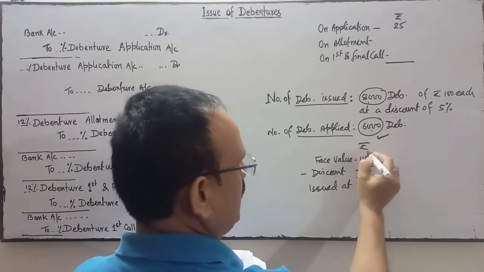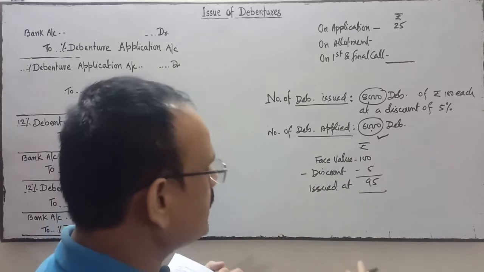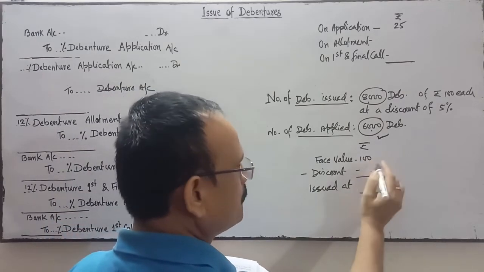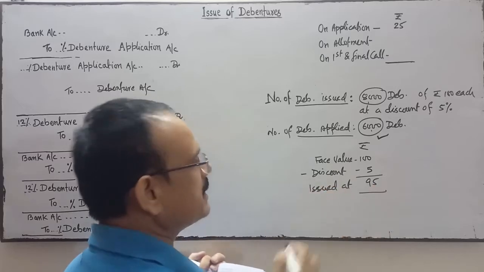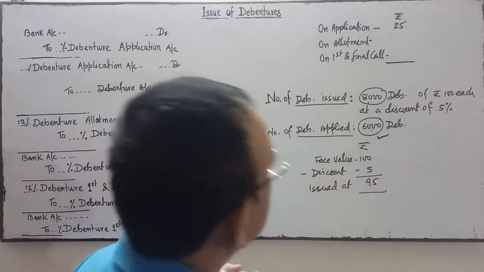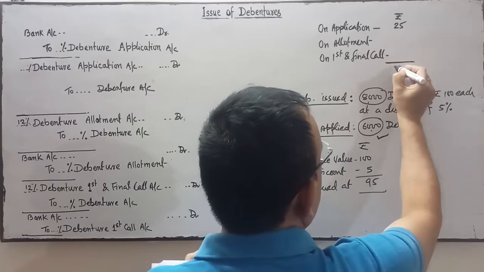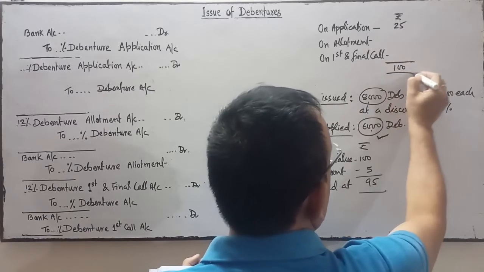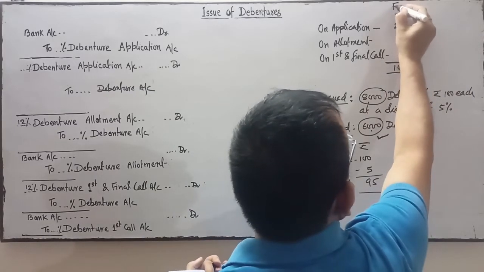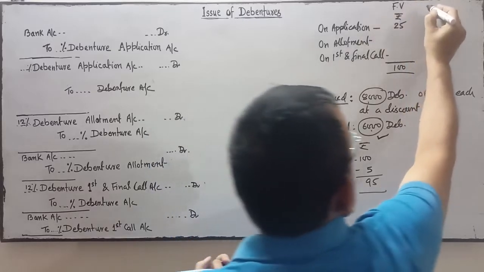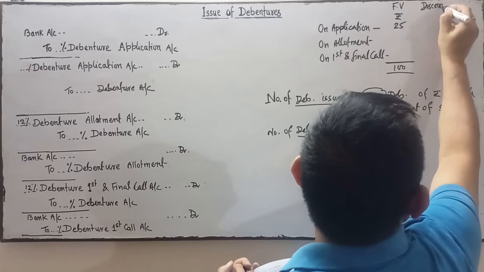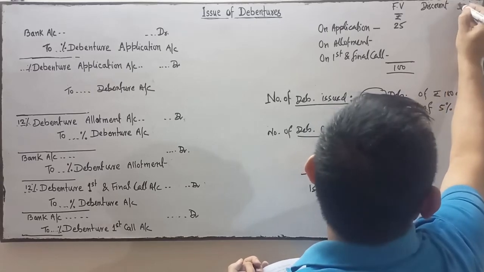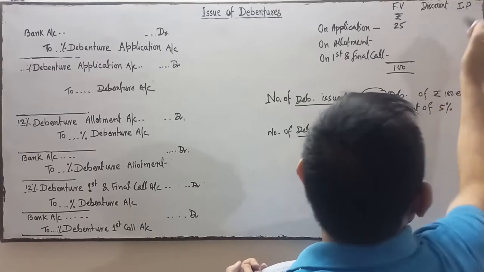Face value is 100, issued at a discount of rupees 5, so the issue price is 95. This line is the face value of debenture, this is the line of discount, and this is the line of issue price.